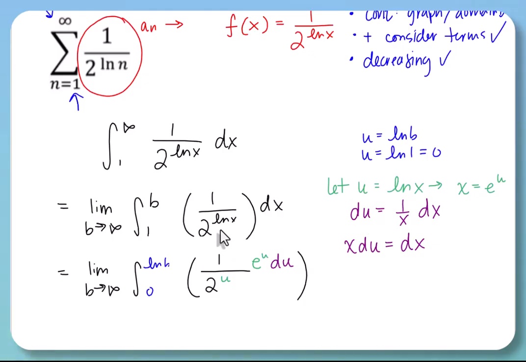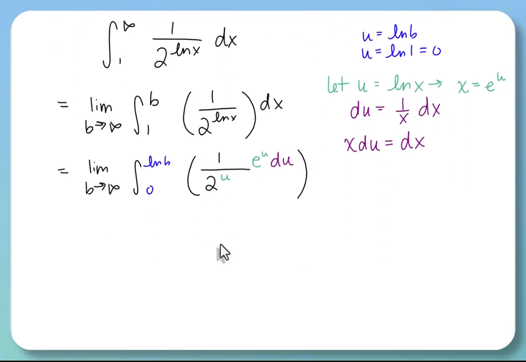And that makes this integrable. So I have the limit as b goes to infinity of the integral from 0 to the natural log of b. These are different bases, but they're both raised to the same power. So I have e to the u over 2 to the u, which is the same as e over 2 to the u du. And the integral of an exponential function, if it's base e, would just be that exponential function. Of course, this base is not e, so we need to divide by natural log of the base.